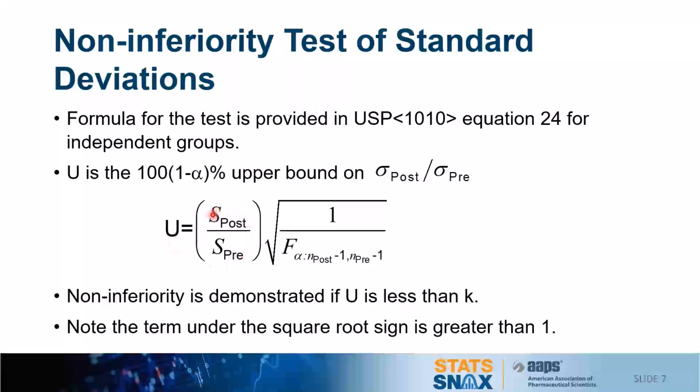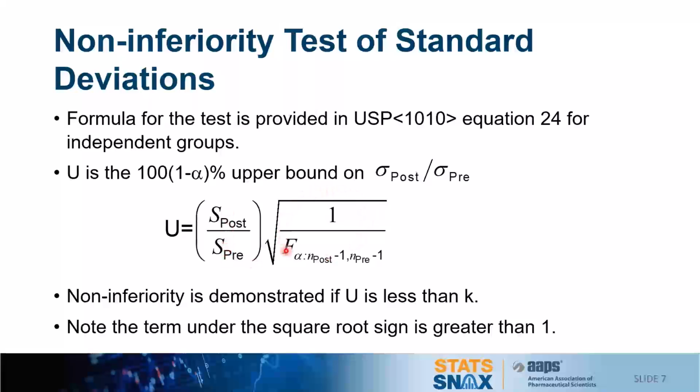So now I'm using the letter S here instead of sigma. That means I've taken some data and I've estimated the value of sigma post with this standard deviation S post. And so I divide it by an estimated value of the pre-change standard deviation. So we take some ratio here. This is called the point estimate.